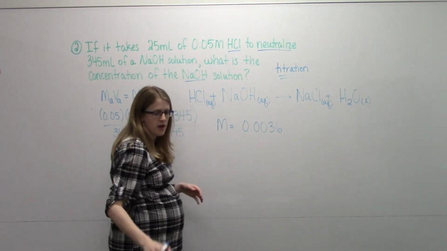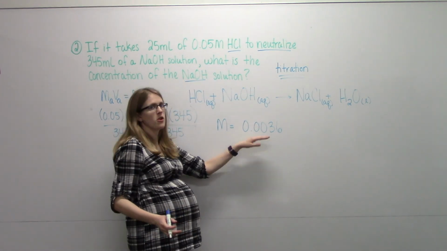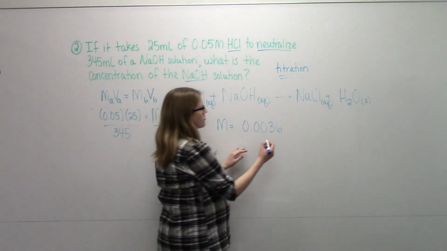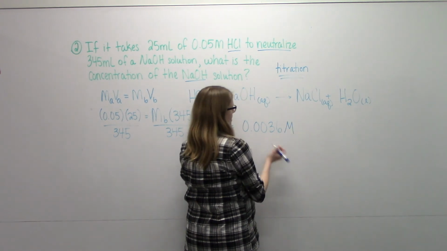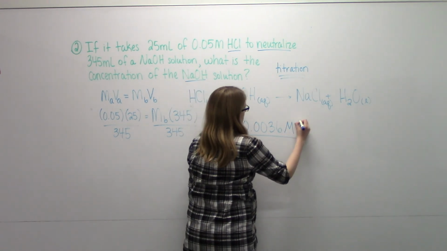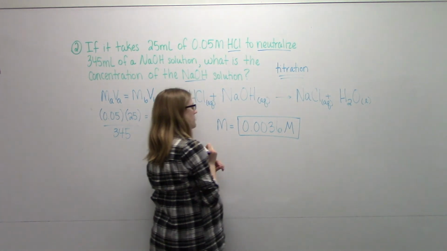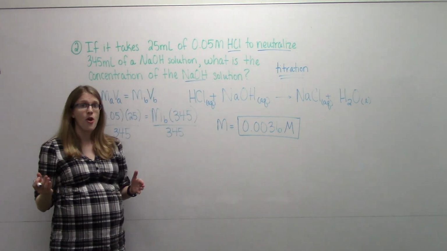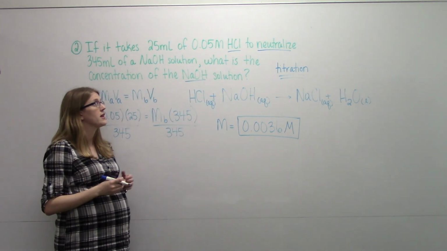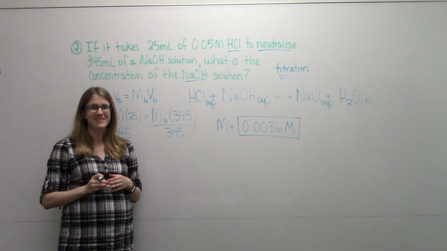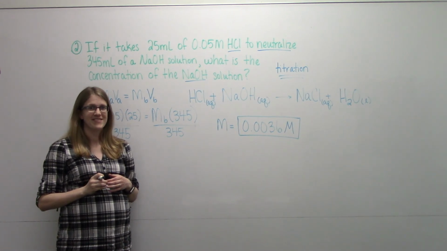Now remember, molarity equals this number. The number needs to have a unit, so you need to put an M at the end. And there you go, with how to calculate titration problems in this class.